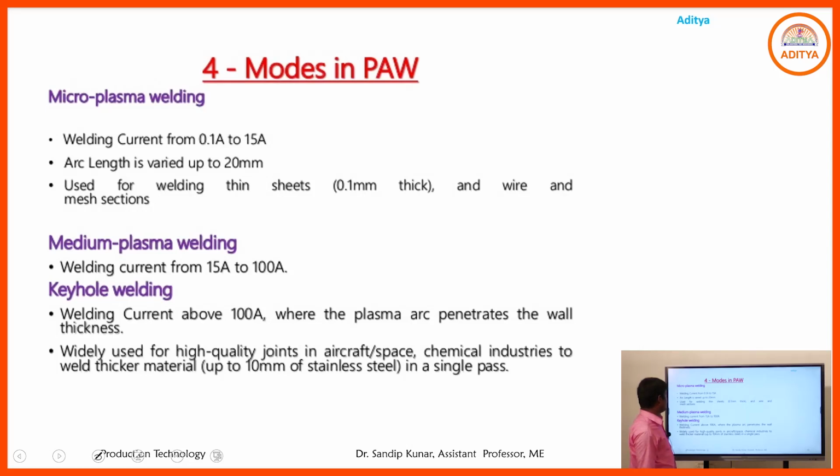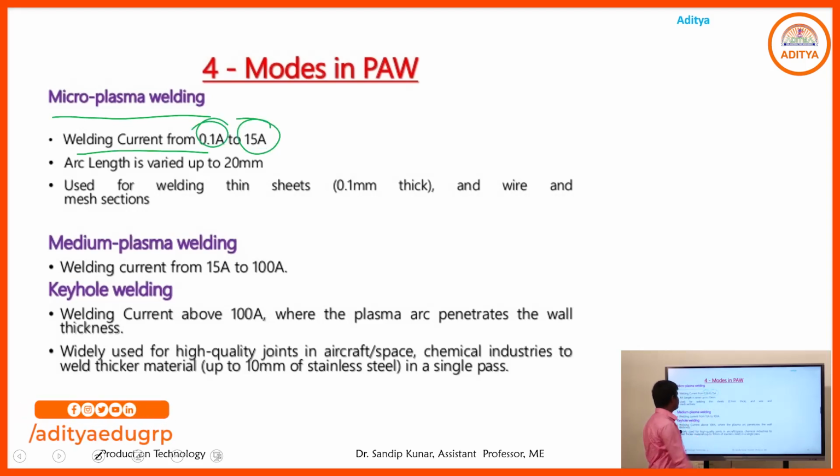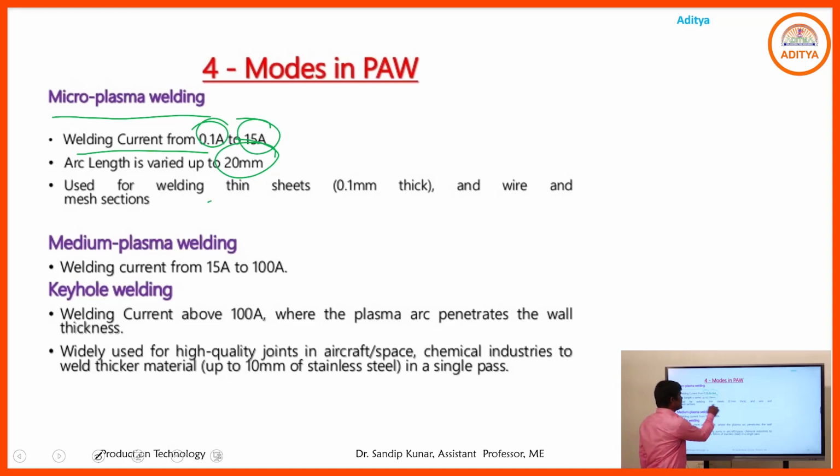In the modes of plasma arc welding, in microplasma welding, current varies from 0.1 to 15 amperes. Arc length can be varied up to 20 millimeters, and it is used for welding thin sheets near about 0.1 millimeter thick, and wire and mesh sections.